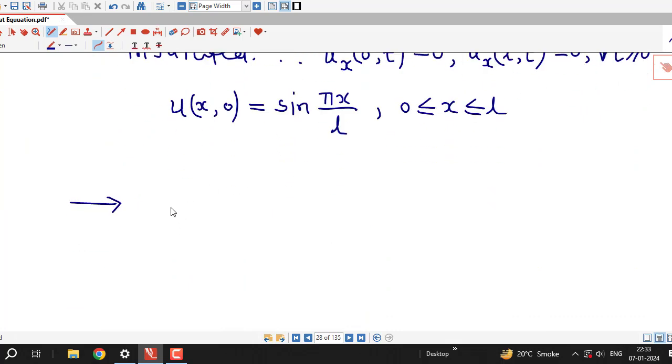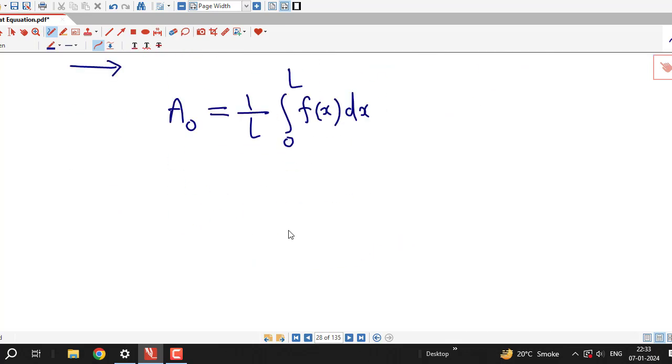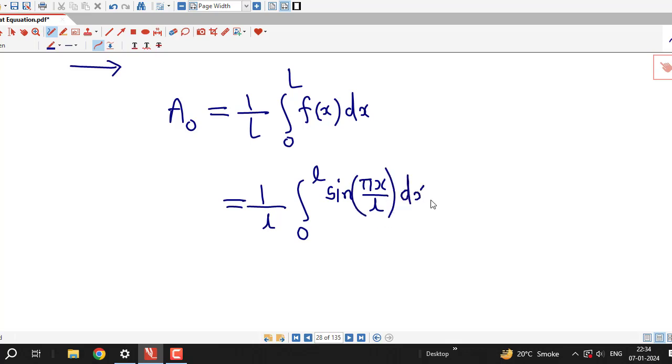So here we can say that this is our small f(x), and first we find out A0, which is given by 1 divided by L integral from 0 to L f(x) dx. Here length is given by small l, so we are using small l instead of capital L. 0 to L, f(x) is sin pi x divided by L, integral with respect to x.